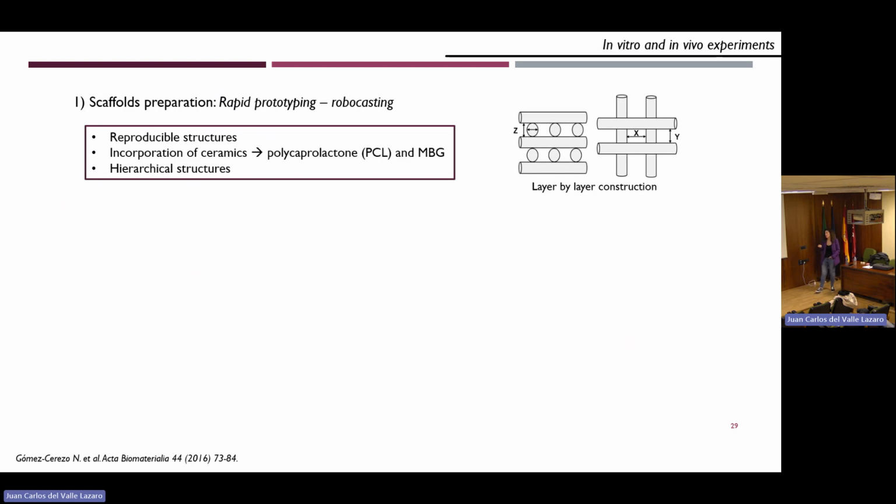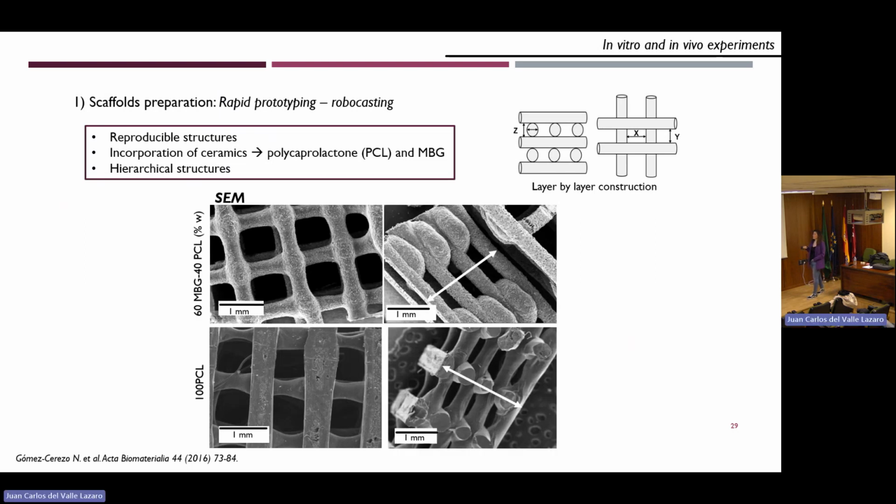Rapid prototyping or robocasting allows the printing of reproducible structures layer by layer with high porosity, and I was able to incorporate MBGs, my mesoporous bioactive glasses, in the polycaprolactone. Here you observe how I created porous structures with about 1 millimeter pore size to allow the cells to grow through.